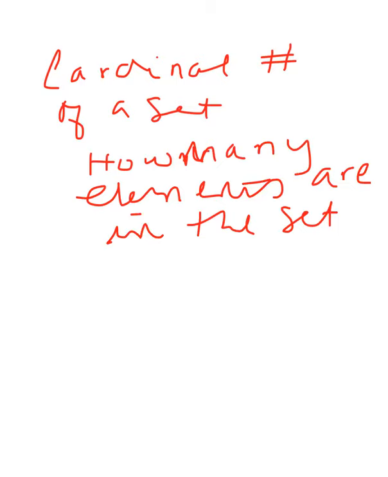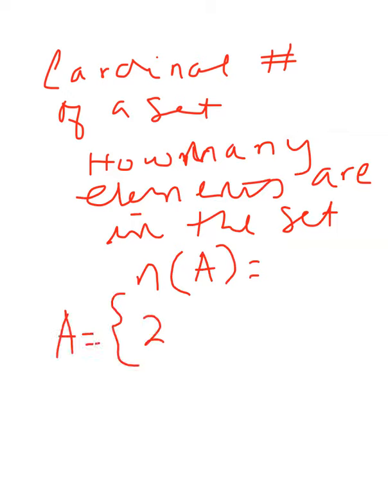When we talk about the number of elements in the set, we use this notation right here. So let's say you were talking about set A, we'd use the N to represent number, and then the name of the set inside the parentheses: the number of elements in set A. For example, if set A had the even numbers less than 10, 2, 4, 6, 8, and I asked you, what's the cardinal number for the set, what's the cardinality of the set?